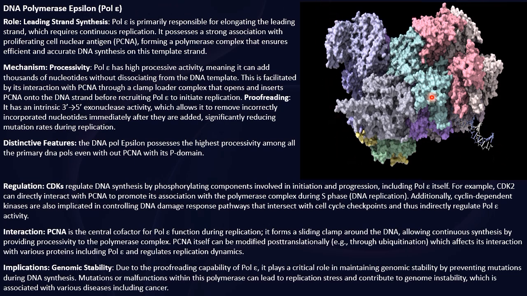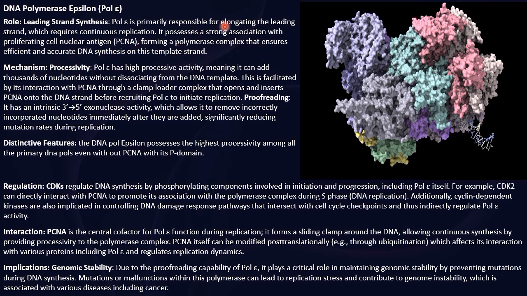Thus, when we talk about the role of DNA pol epsilon, we often refer to it as primarily synthesizing the leading strand, not only the leading strand, and its association with the PCNA complex forms a polymerase complex that ensures efficient and accurate DNA synthesis on this template strand.